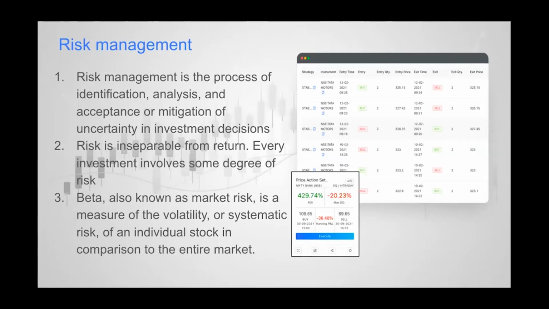There is always a risk involved in trading and investments. Risk can be classified in two parts: systematic risk and unsystematic risk. Systematic risk can be mitigated or avoided, but the unsystematic risk cannot be mitigated or avoided any time or by any approach.